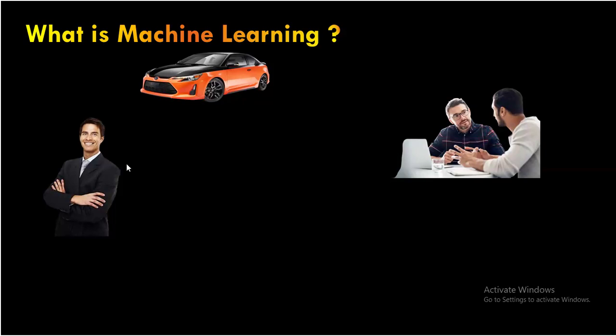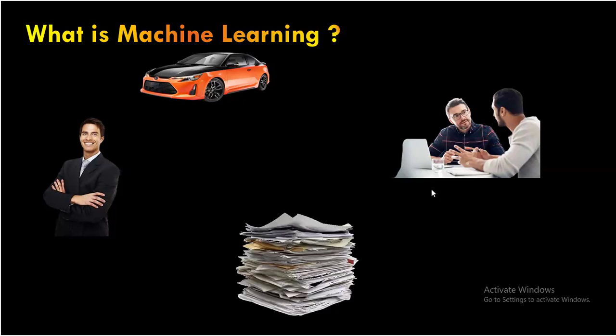Apart from this, not only Raj, but many customers like him have applied for the loan. The bank receives thousands of applications every day. The challenge here is that manually checking each and every application would take forever.